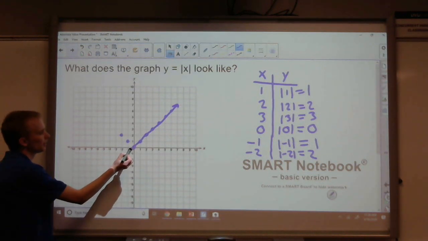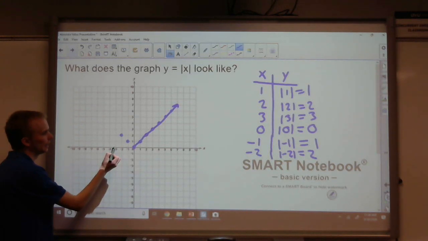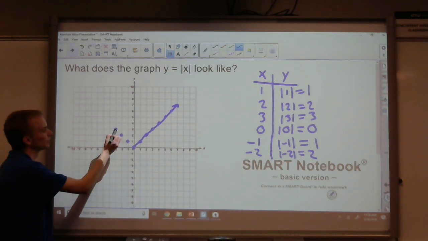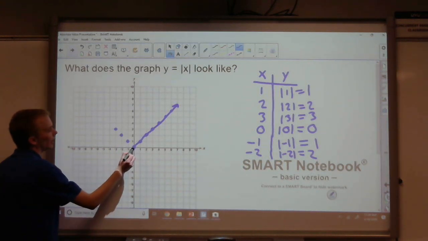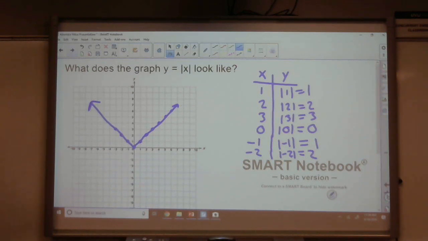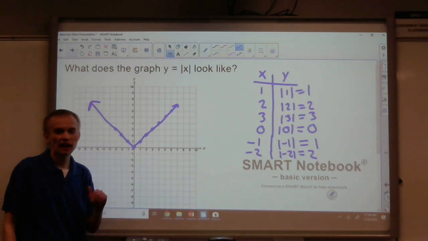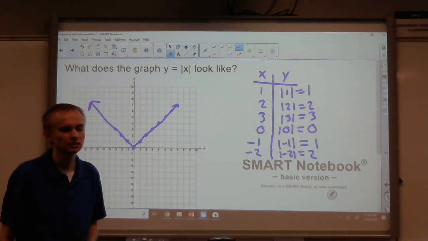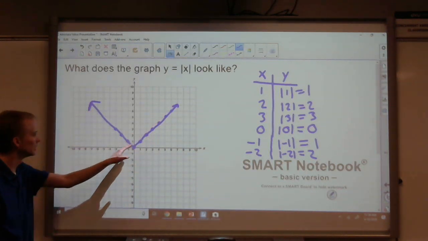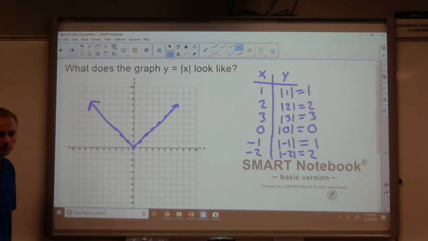Well, if you keep doing this, if I plug in negative 3, it's going to switch that negative 3 to be a positive 3 right here. It looks like this. It's a V shape, okay? So the absolute value graph looks like a V, okay? Just going at 0, it's a V, okay? Kind of interesting.